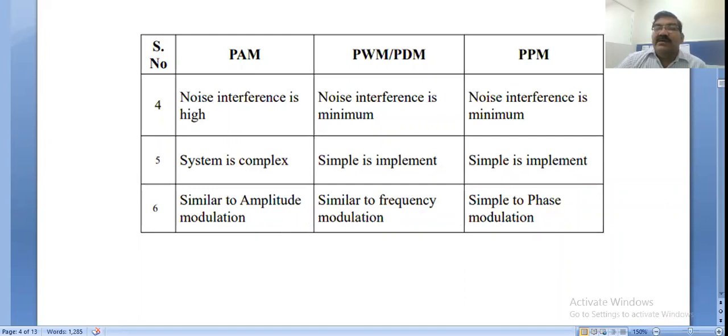Is there any query for this? Now, as we have covered pulse amplitude modulation, pulse width modulation, pulse position modulation, and the comparison, also how the signal is generated, how the modulation is done, and how the demodulation is done, we will stop here.